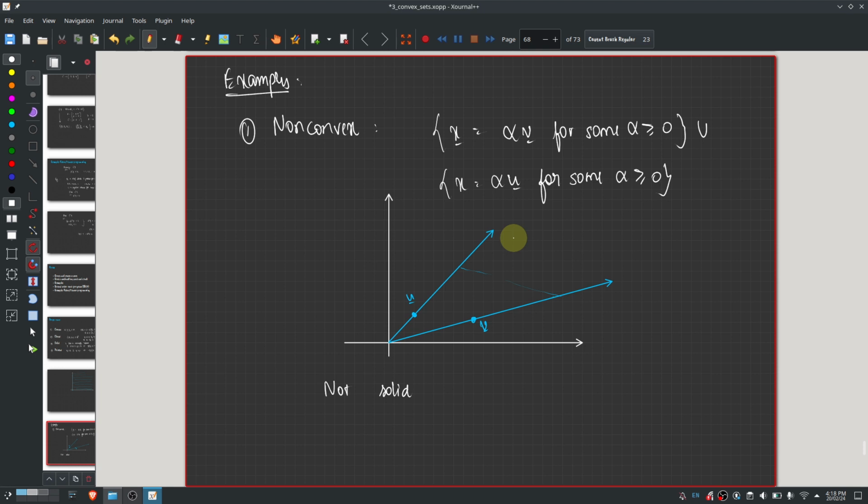You can't, right? So what would a sequence of points from this set K be? So let me call K to be the union of these two, right? So any point in K is either some alpha times v or maybe some beta times u, right? So if you had to construct a sequence, what would it look like?